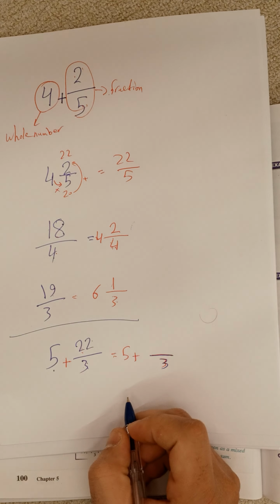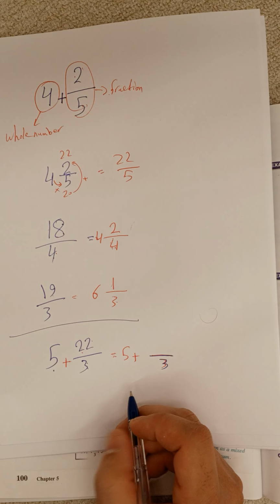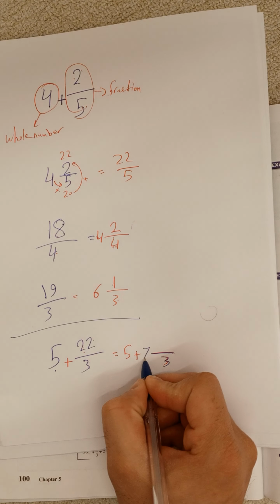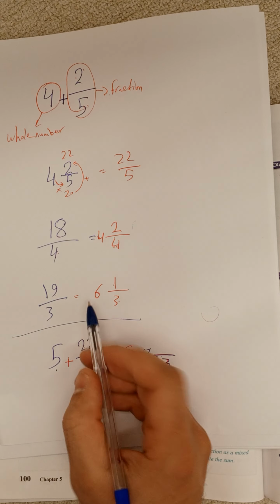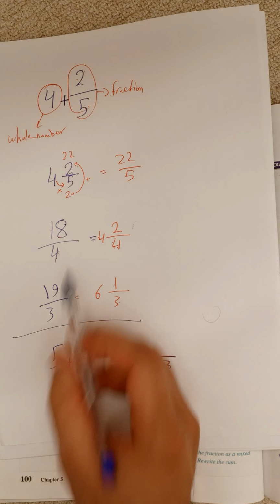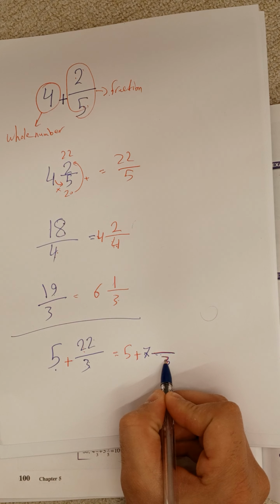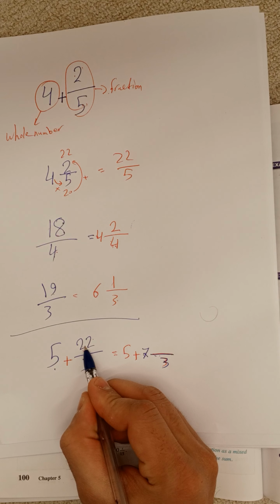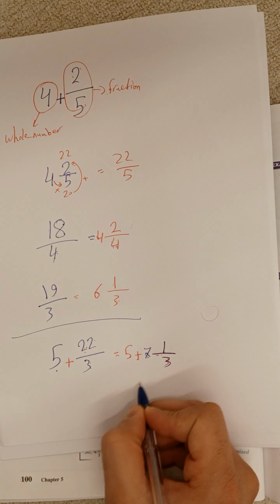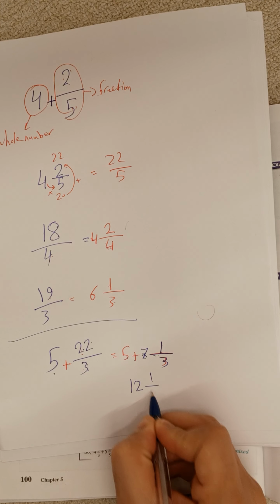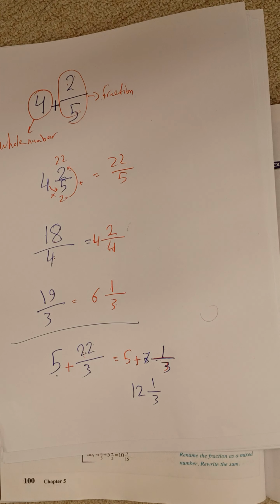Let's say 7 times 3 is 21. Write 7 as the whole number next to the fraction, like the previous example I explained. 7 times 3 is 21. This is 22. How many left? 1. So 5 plus 7 is 12, and 1 over 3. That's it.